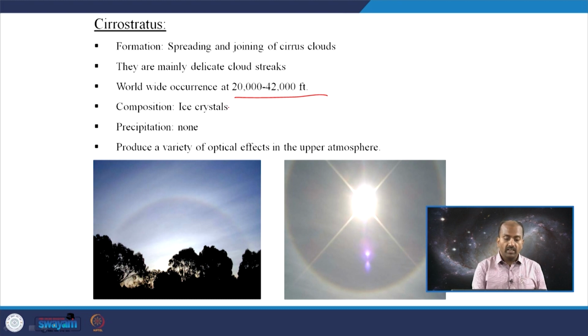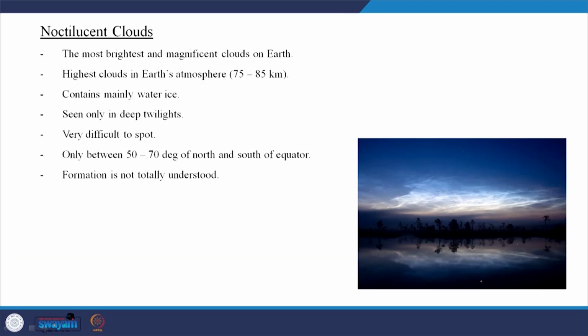Composition is mainly ice crystals, and that is how it results in the formation of a halo. Precipitation is none. Since they are at very high altitudes, they won't precipitate, and even if they did, it would never reach the surface. They produce various optical effects in the upper atmosphere, such as halos.